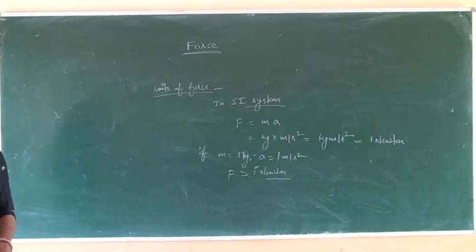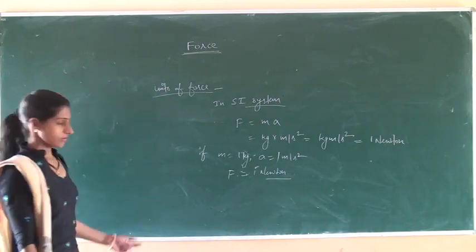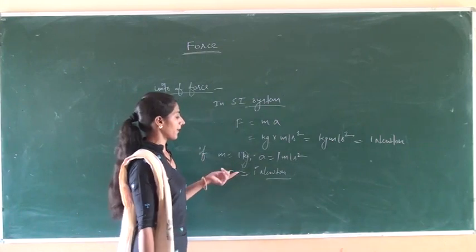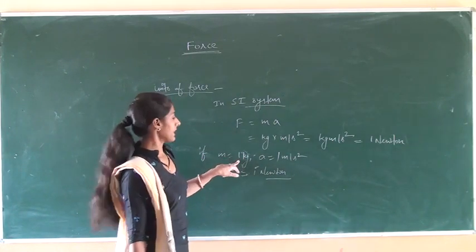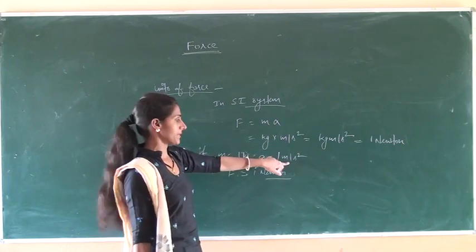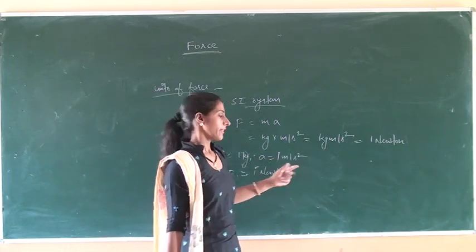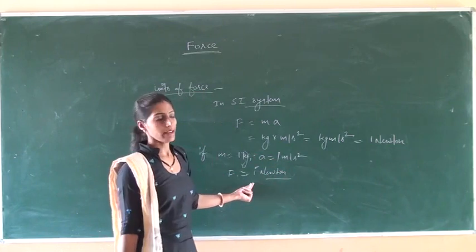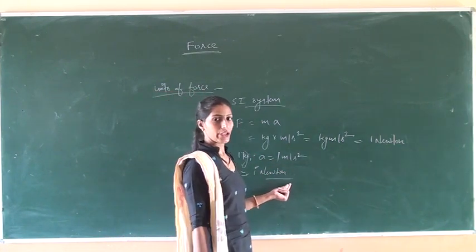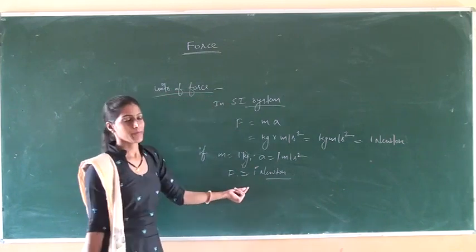Here we can define the force. If a force is applied on any object that has mass 1 kilogram and the acceleration produced by the body is 1 meter per second square, then force comes out to be 1 Newton, which is the standard SI unit of the force. Okay?